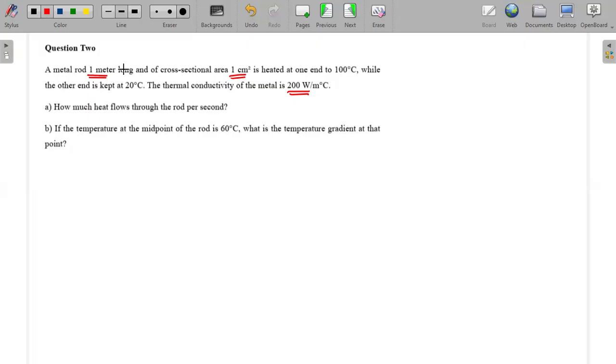To combine all these factors into one relationship, we follow what we call Fourier's law. Remember, we're talking about the rate of heat conduction. They've asked us about the rate of heat flow.